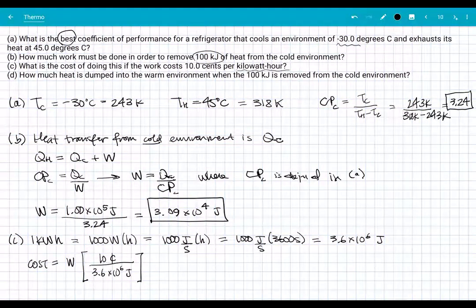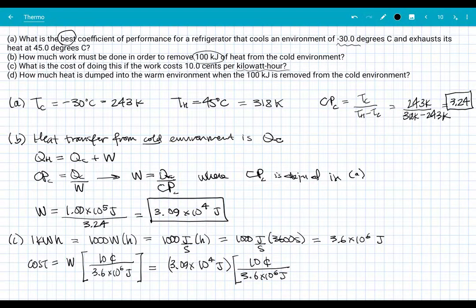We defined our work in part B as 3.09 times 10 to the 4 joules. If I multiply that by 10 cents per kilowatt hour, which is 3.6 times 10 to the 6 joules, what I get is 0.086 cents. So, not much.